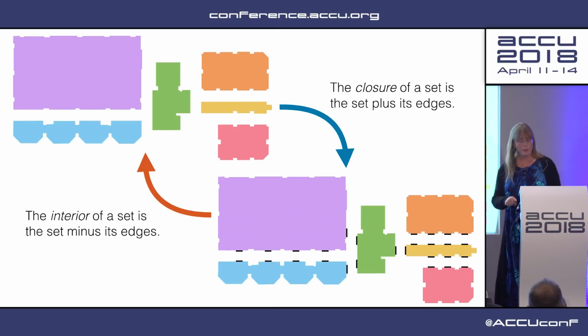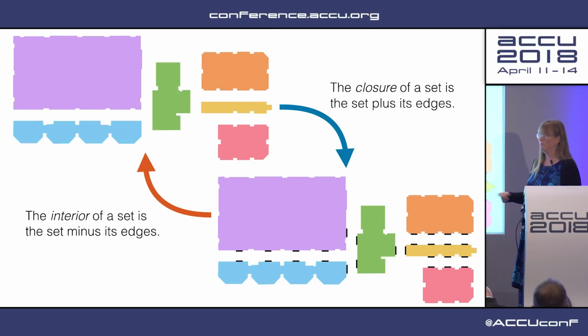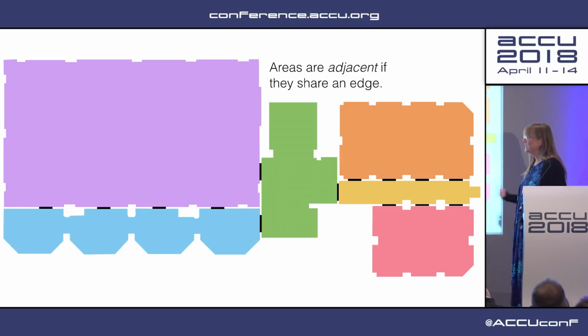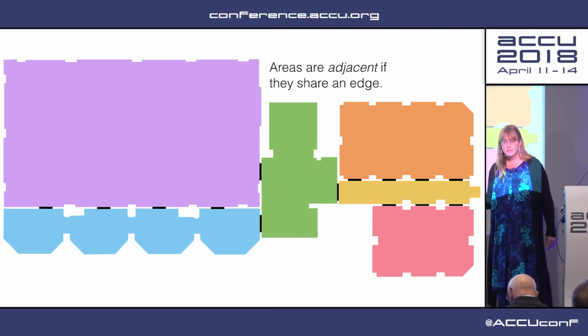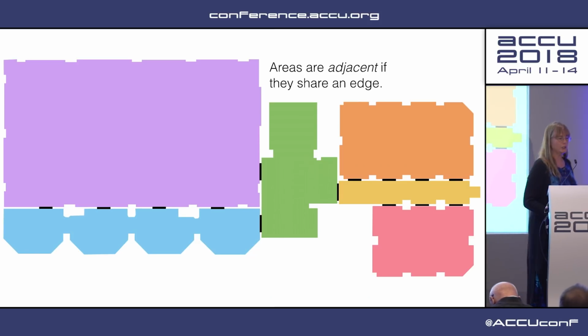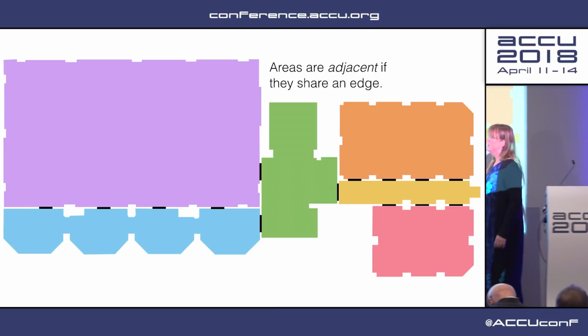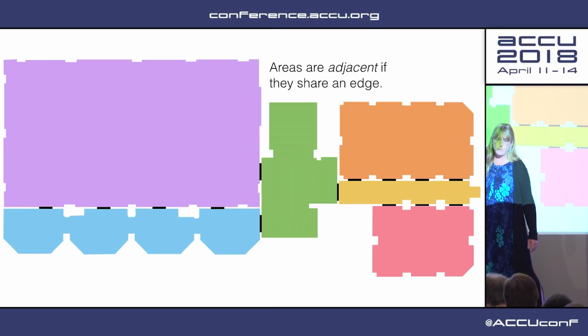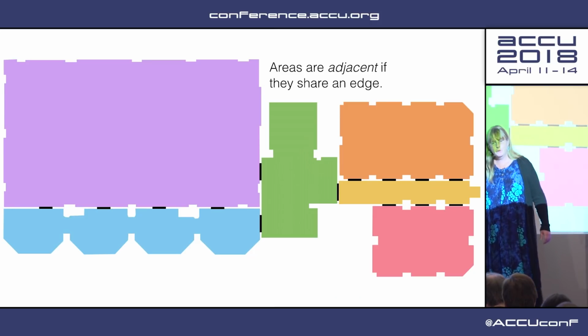The most important one for how I'm describing programs today is adjacency. Adjacency is sharing an edge. So we see that the closure of the purple room intersects the closure of the blue hallway.